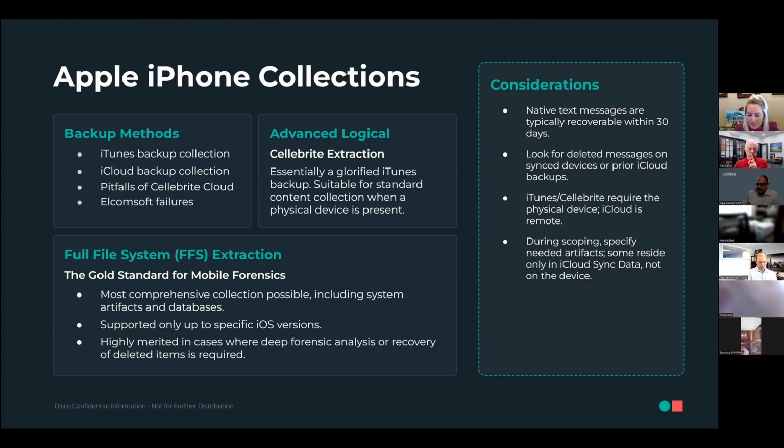And then we have that full file system extraction. And like I said, this is what you want to get to ensure that you are getting everything that you possibly could get. But like I said, it is dependent on the model of the phone and the version of the OS.